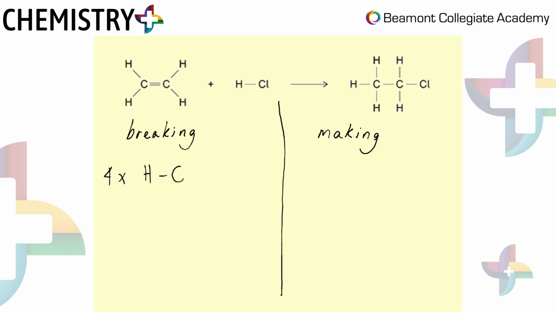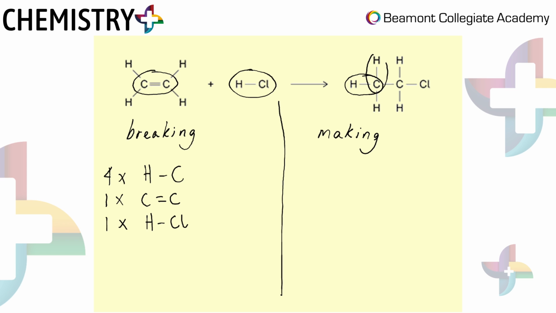What else have we got? We have got the double bond, that's the unknown. And we've also got a HCl. Do the same on the other side. HC, 1, 2, 3, 4, and 5.